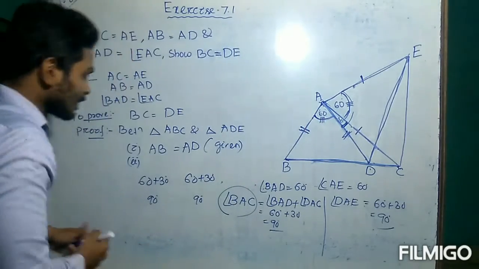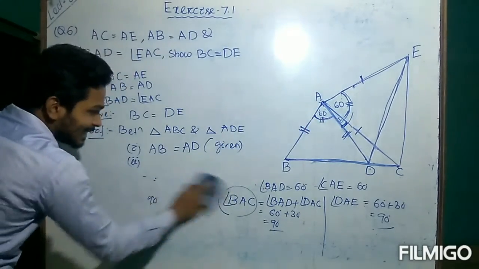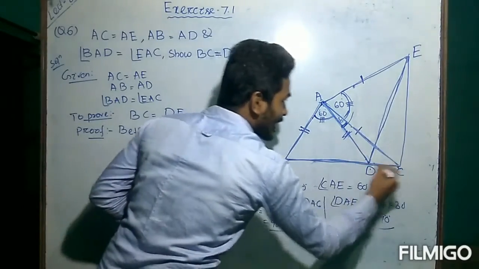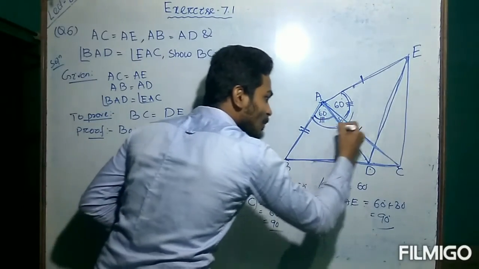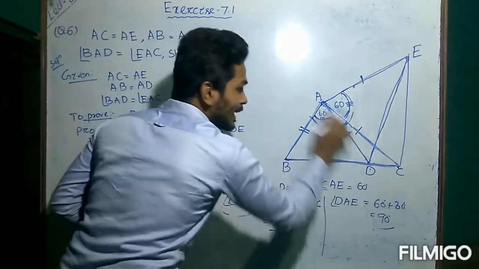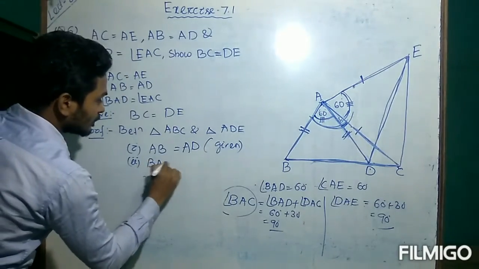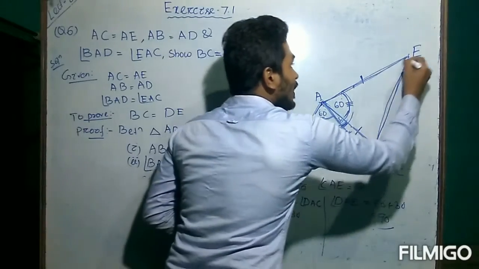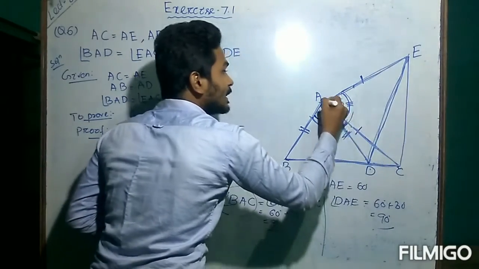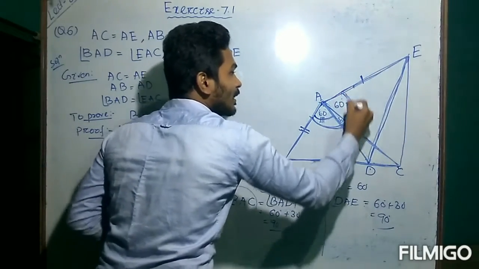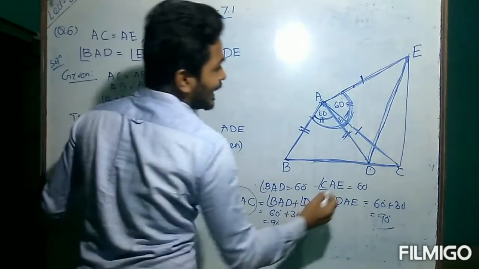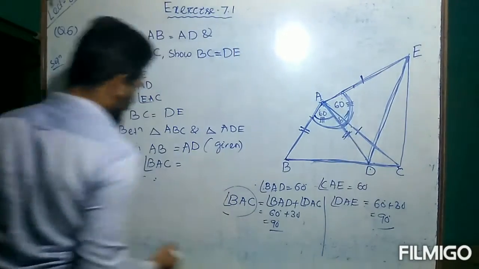So we can now write that in this triangle, the total angle BAC is equal to, in triangle ADE, the total angle DAE.